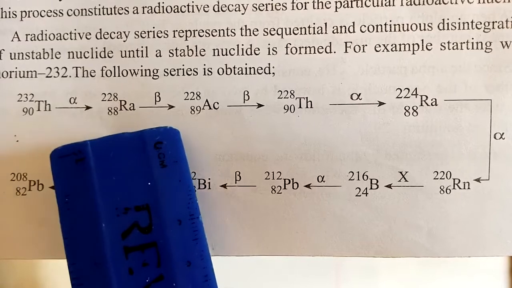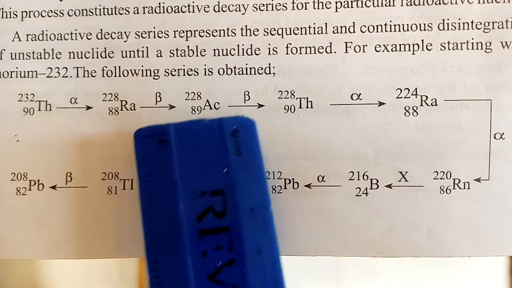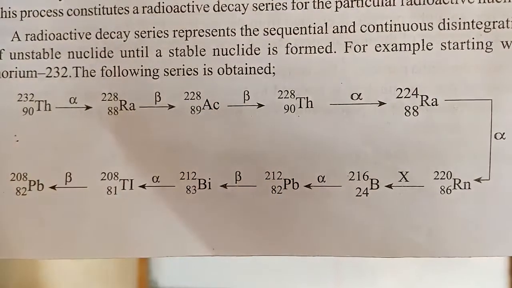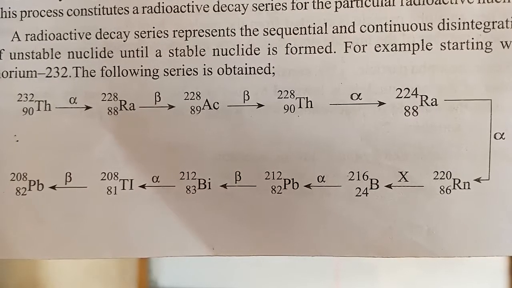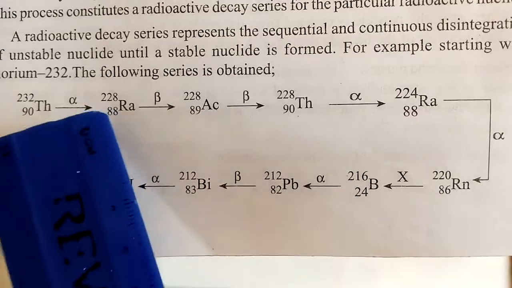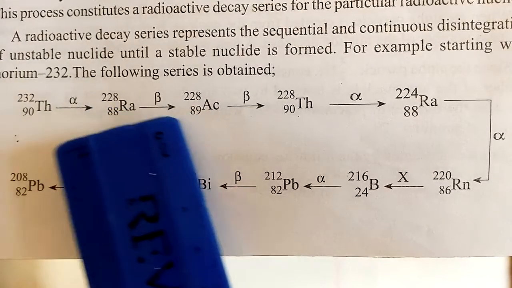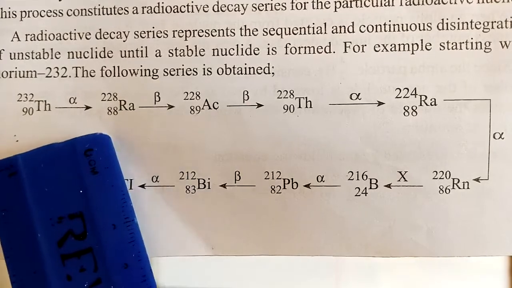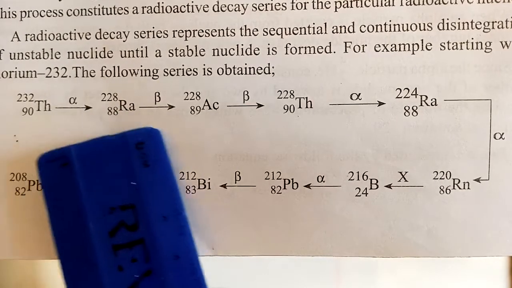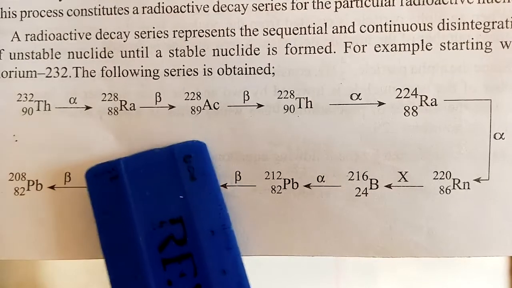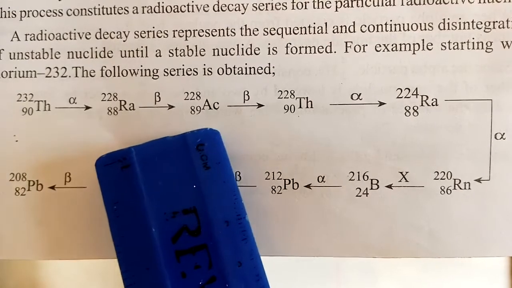Radium emits a beta particle, and we say that beta has no effect on mass number, but it increases the atomic number by 1. So you can see the mass number has remained the same, 228, and the atomic number is increased from 88 to 89, forming actinium.